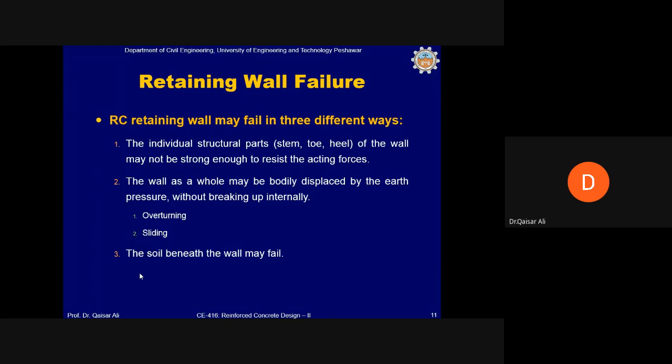When horizontal pressure increases, the retaining wall will tend to apply pressure on the soil beneath the retaining wall on the toe side, and there can be settlement of the soil due to the increased pressure from the toe. This will be called failure of the soil or soil settlement. So these three kinds of failure will happen in the case of a retaining wall. All these three types of failure shall be avoided in the design of a retaining wall.